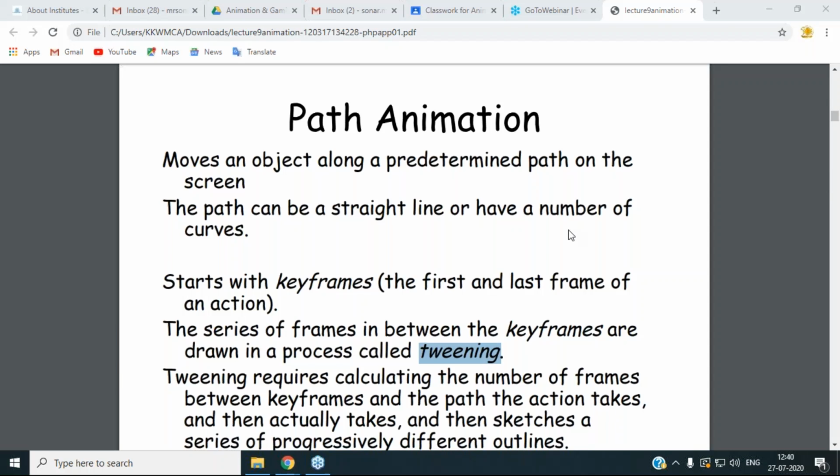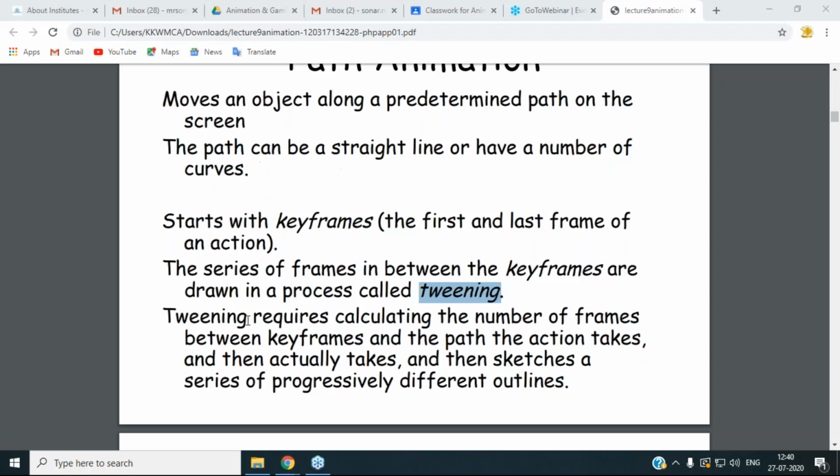So what does tweening mean? Tweening requires calculating the number of frames between the keyframes and the path the action takes, and then sketches a series of progressively different outlines. So whatever is in between is drawn by the tweening process. We have to understand that.